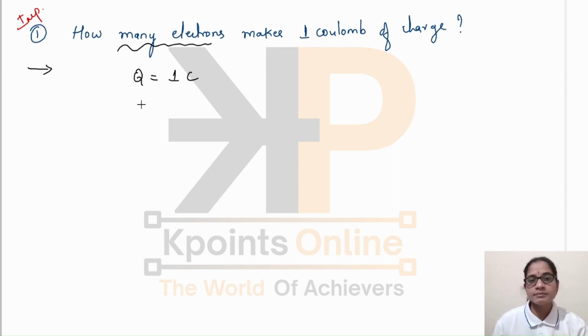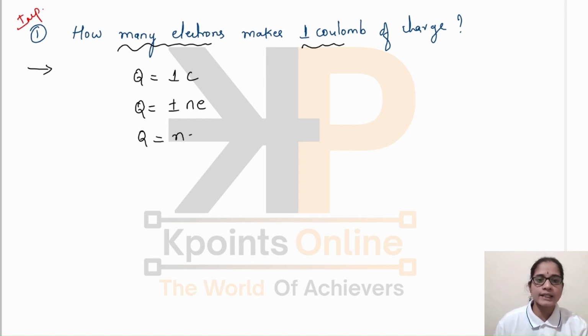Then we know that Q is equal to plus or minus ne. Here it is plus 1 coulomb. So let's write here Q is equal to ne. Given Q is equal to 1 coulomb. Now we have to find out this n, that is the number of electrons which makes 1 coulomb of charge.